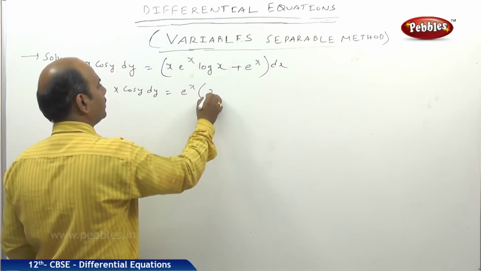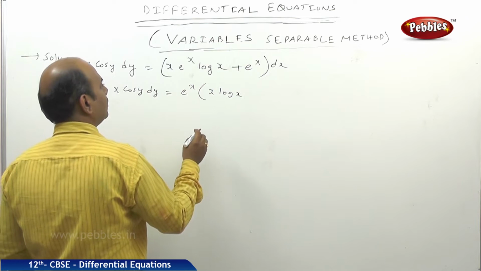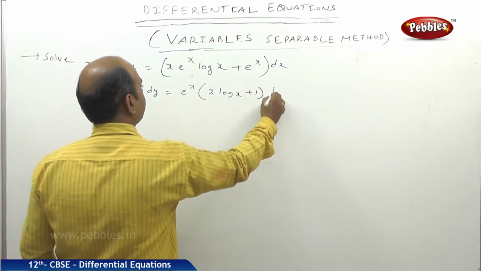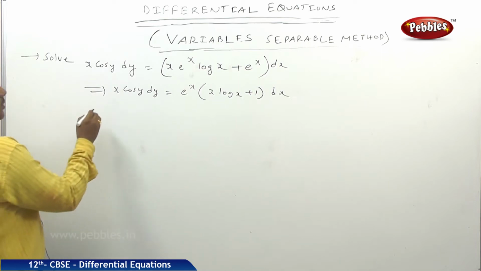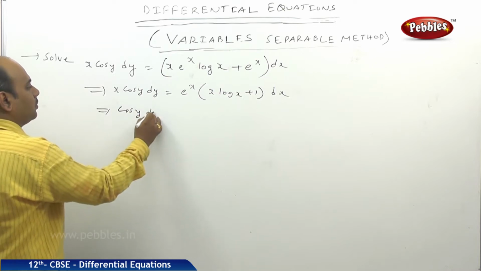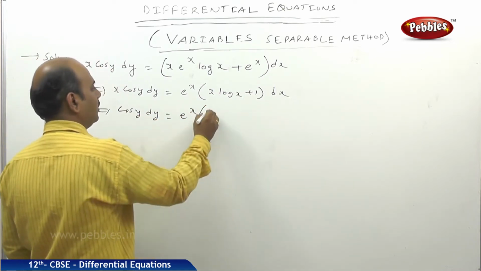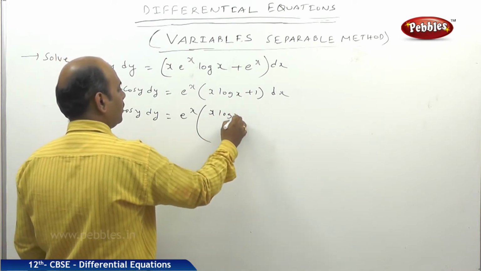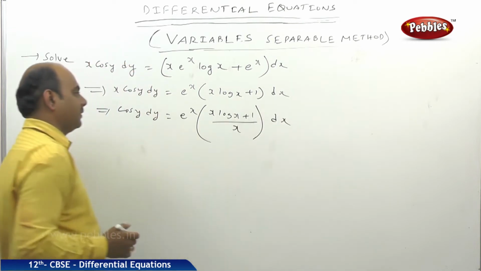So if I take e^x common, x into (log x + 1) dx. Now variable separable. So I will shift x to that side. So cos y dy is equal to e^x into (x log x + 1) by x dx.